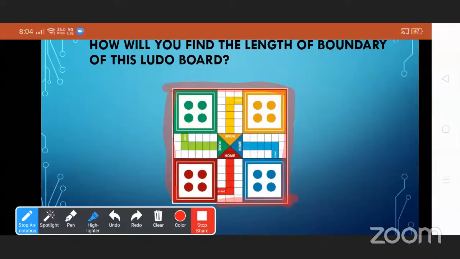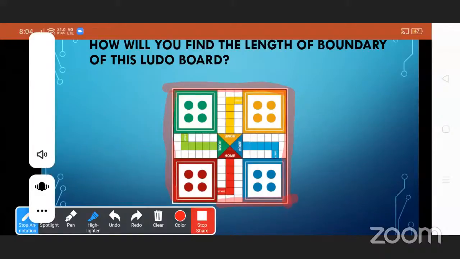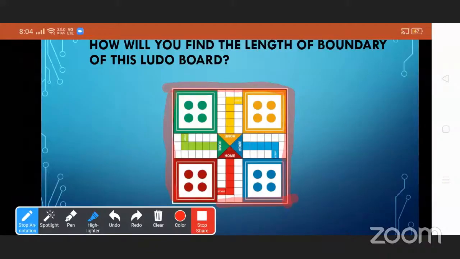Now first of all, tell me, are all sides of the Ludo board equal or not? Yes, all sides of this Ludo board are equal.